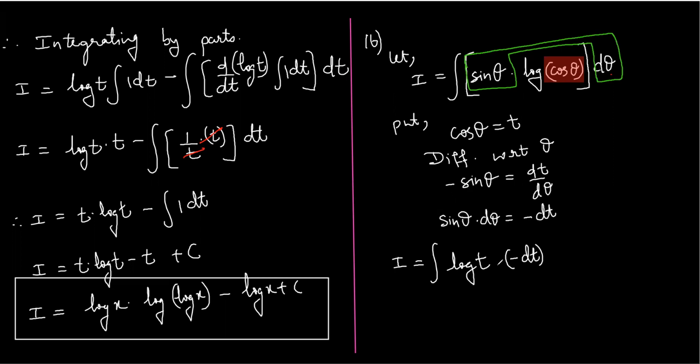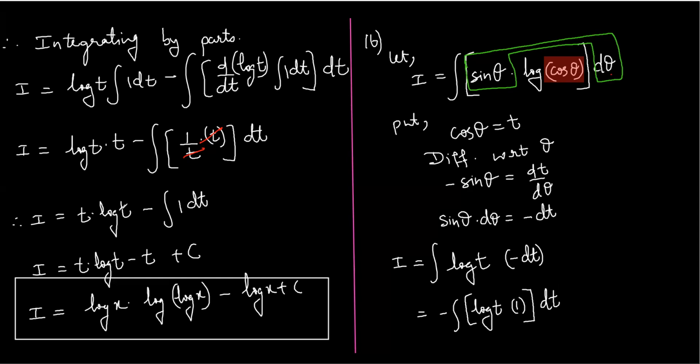So log t into minus dt, and you write the negative 1 outside, giving minus integral of log t dt. I write log t into 1 dt, and then I apply integration by parts. You have already done the same thing. The only difference here is that you got a negative sign outside.